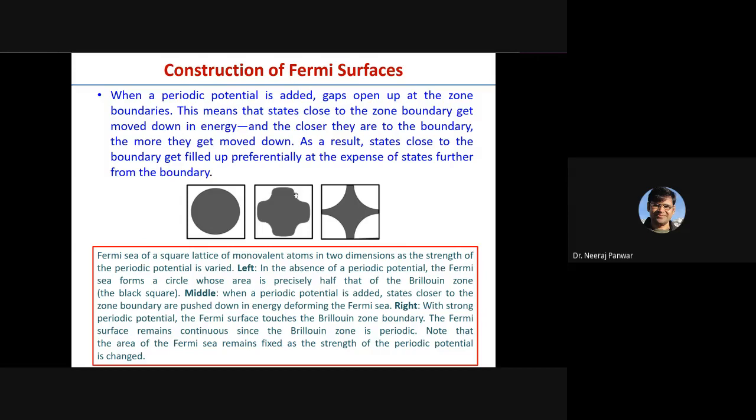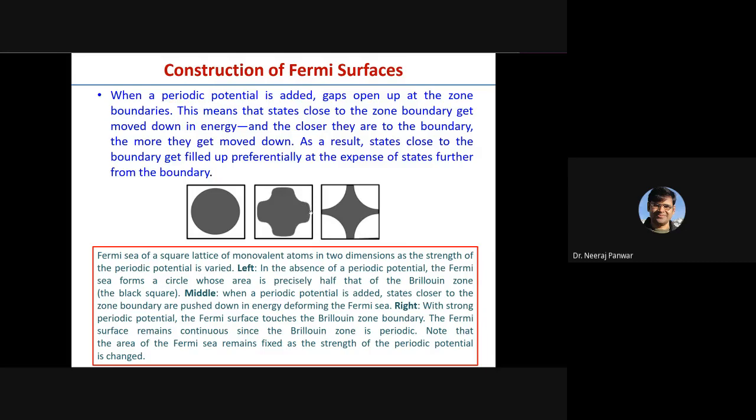The electrons will move from these states to these states because these are the states with low energy. So preferentially these states would be filled first in comparison to those states which are very close to the zone boundary. We increase the potential more than the remaining states.